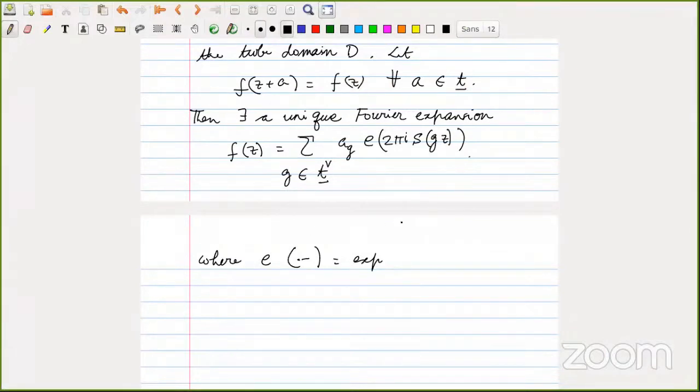So there exists a unique Fourier expansion like this, and as is typical of Fourier expansions, the series converges absolutely and also uniformly.